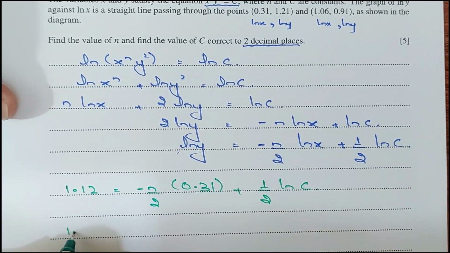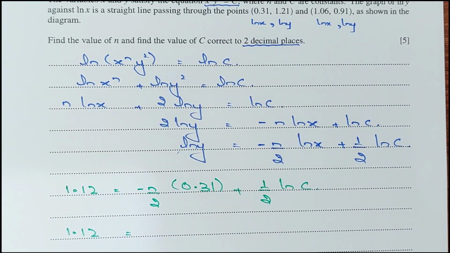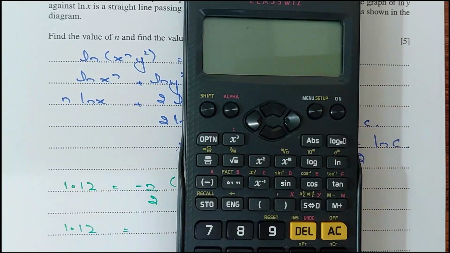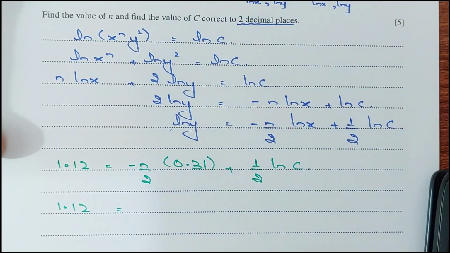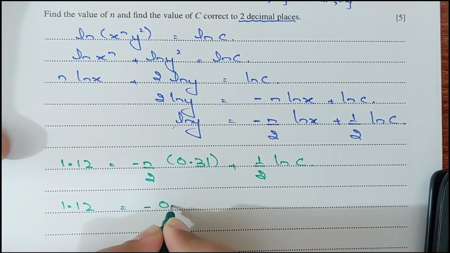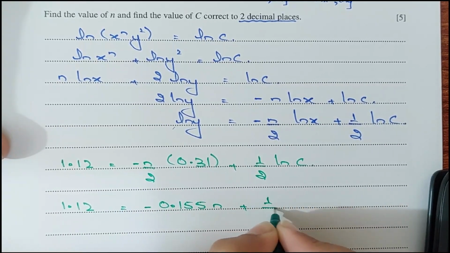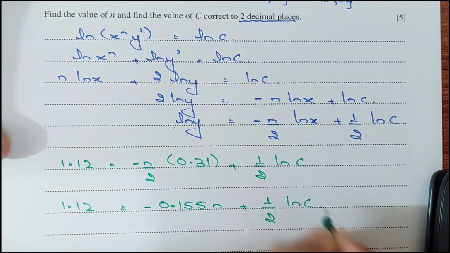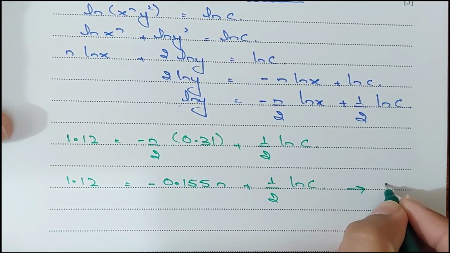Let me simplify. 0.31 divided by 2 gives 0.155, so 1.12 equals minus 0.155n plus 1 by 2 ln c.